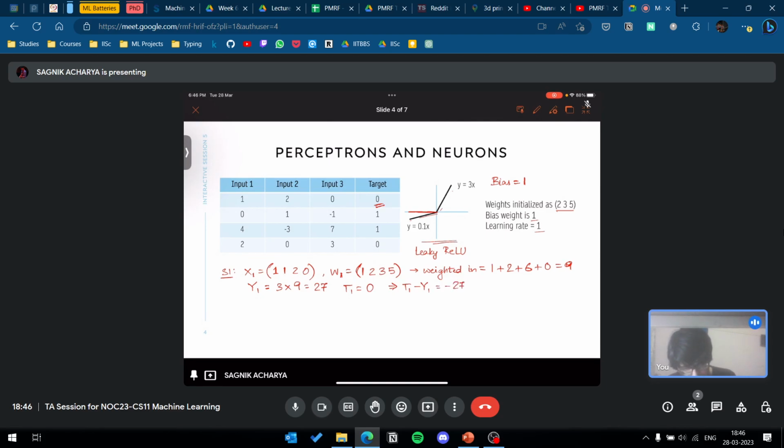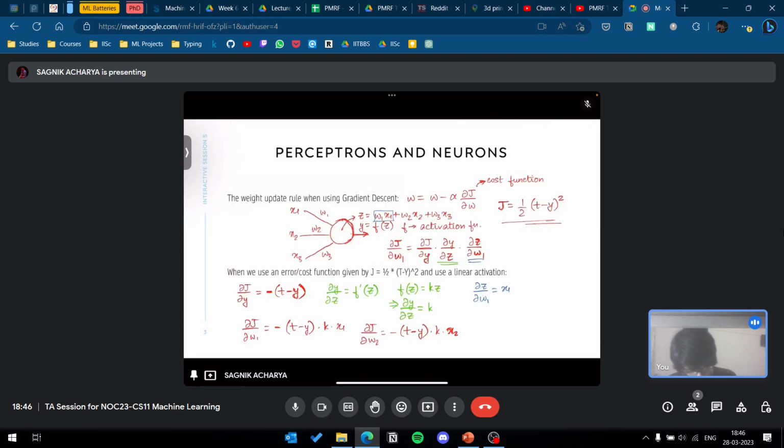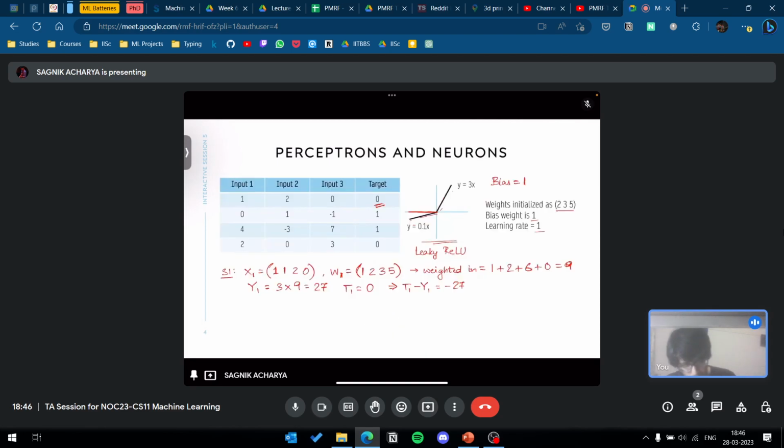In order to update the weights, I need to calculate the derivative with respect to the weights. So I have my weight here, w1. In the previous slide, we saw that the derivative is given by minus of (t minus y) into k into x1. Even in this case, I have t1 minus y1 equal to minus 27.